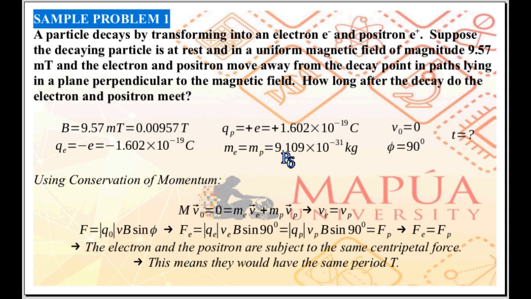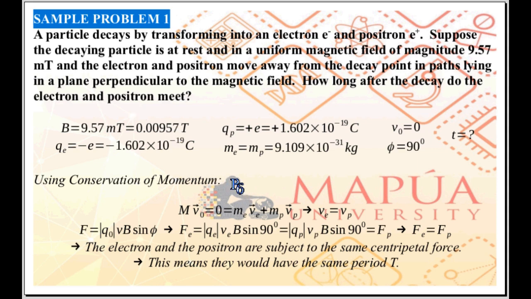In particular, the charged particle will undergo uniform circular motion. We expect the same thing to happen with the electron and the positron since they are moving inside a uniform magnetic field and their velocities are perpendicular to the magnetic field. So the electron will undergo uniform circular motion. The positron will undergo uniform circular motion.